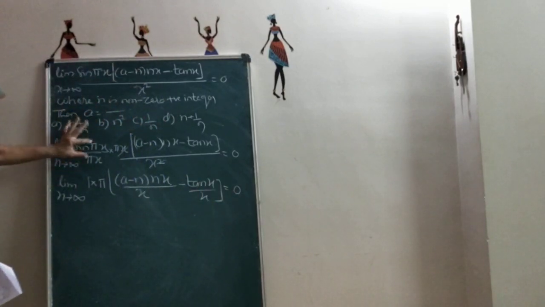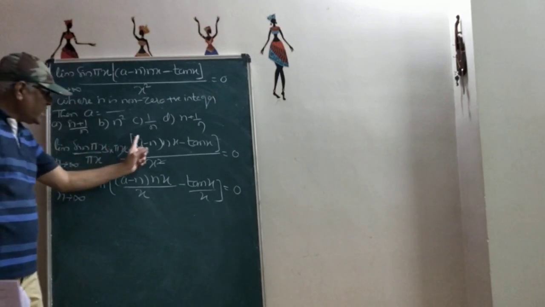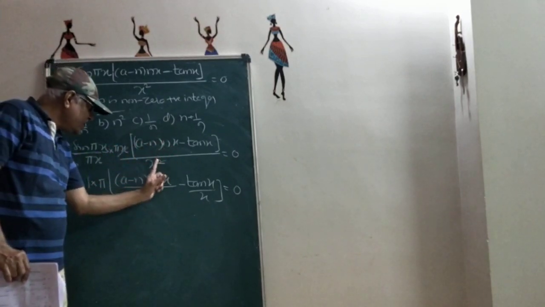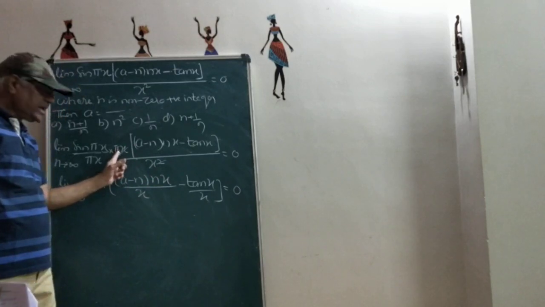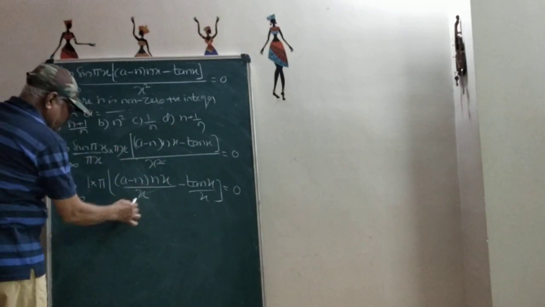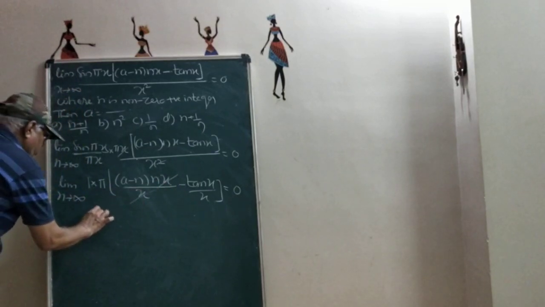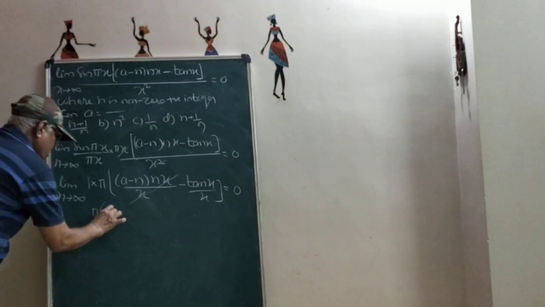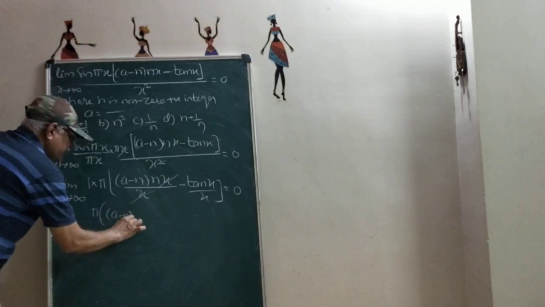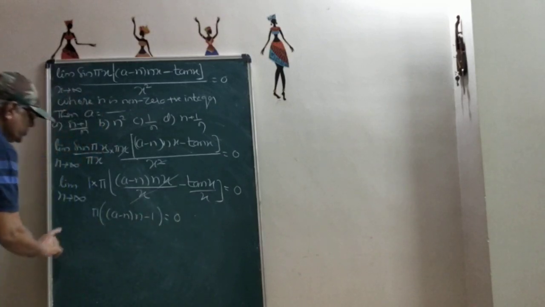Understood, step? I have replaced the value of this limit, that is 1 into pi into the bracket a minus n into n x divided by x, because one of the x is getting cancelled here, minus tan x divided by x. Now this x and x once again get cancelled. So that is pi into the bracket a minus n into n minus 1 must be equal to 0.